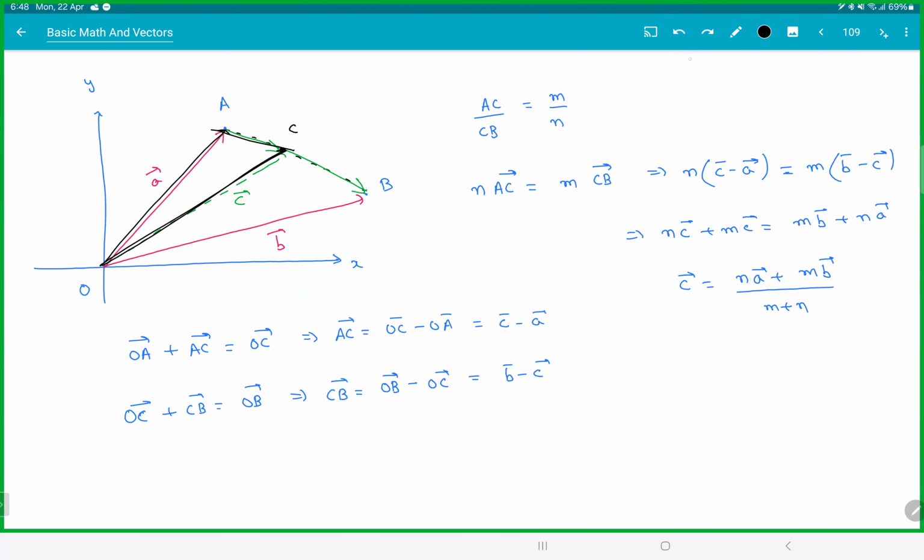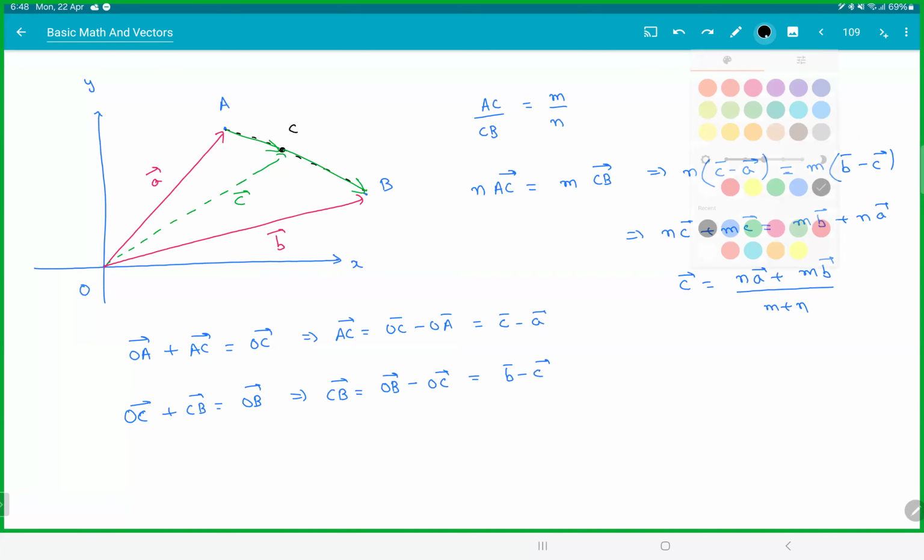I'm calling OC bar as C bar, OB bar as B bar, and OA bar as A bar. Please check. Anyone confused with this, please ask. That's how we can find any vector if you divide in some kind of ratios.